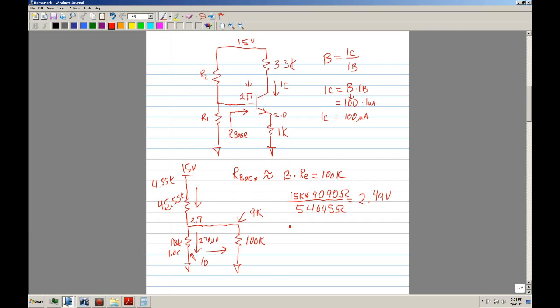Okay. So now let's see how it looks. So now we're making this resistance much lower than this. So now we're going to do the impedance of the 1K and the 100K. Okay, so it's 990.